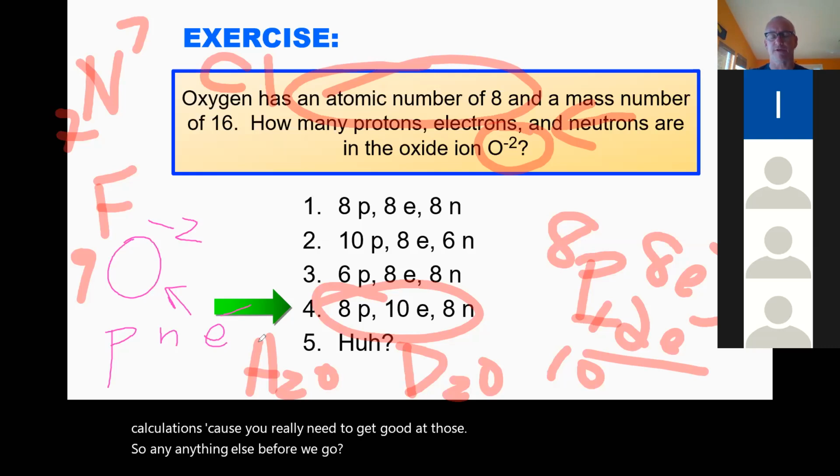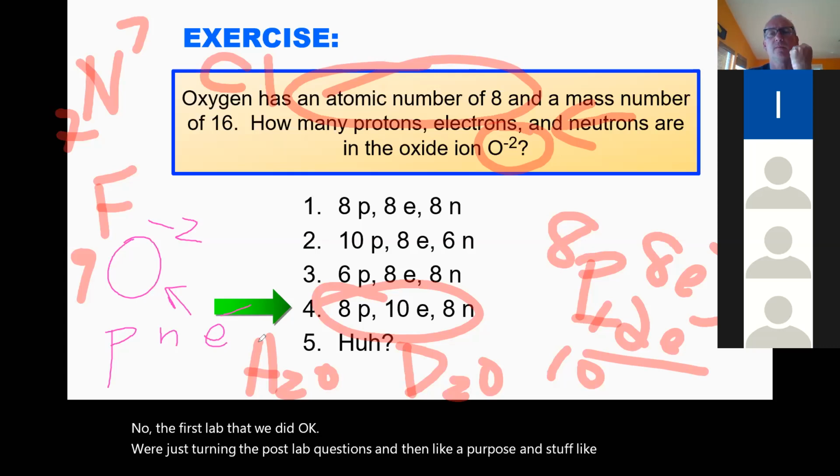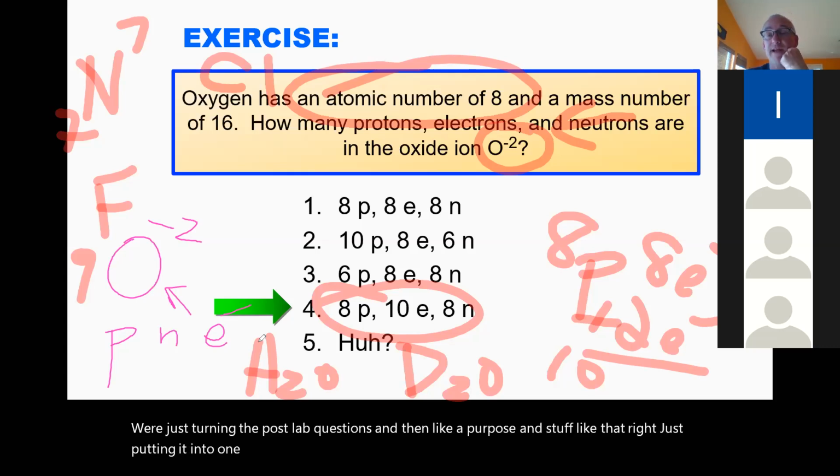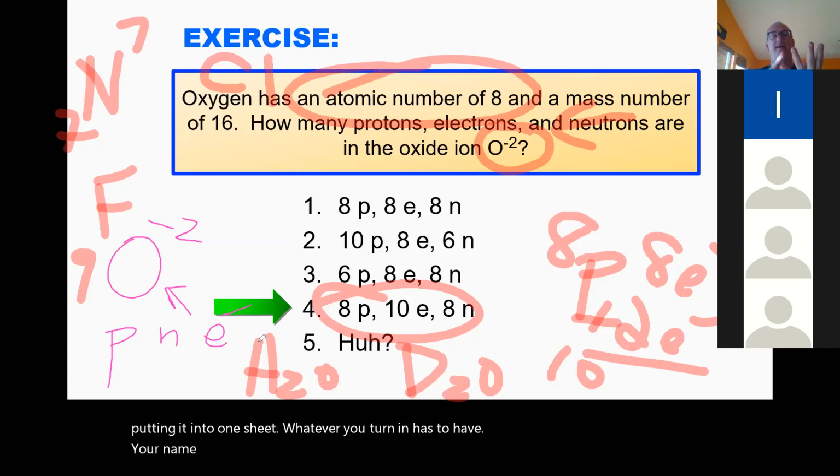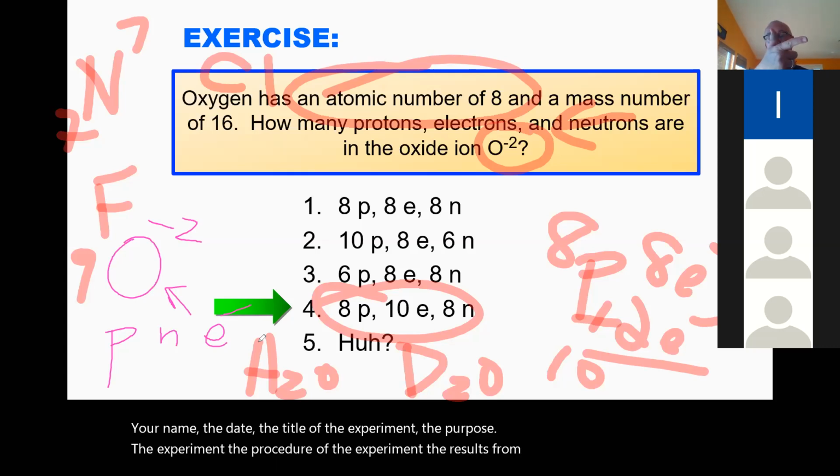I have a question about lab. Okay, the first lab that we did? I just want to make sure that we're just turning in the post-lab questions and then the purpose and stuff like that, and just putting it into one sheet. Whatever you turn in has to have your name, the date, the title of the experiment, the purpose of the experiment, the procedure of the experiment, the results from the experiment, and the discussion.